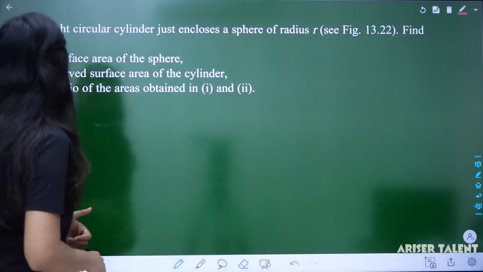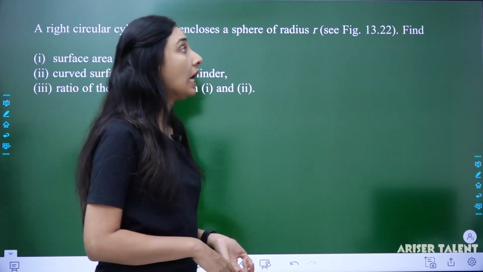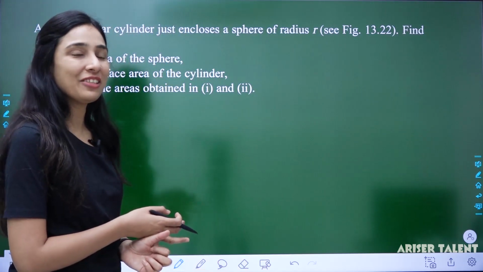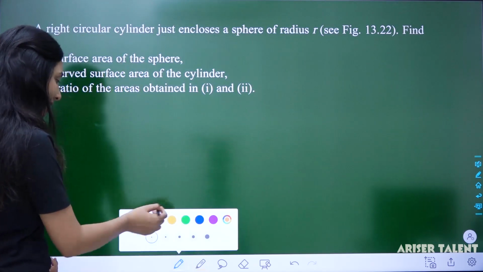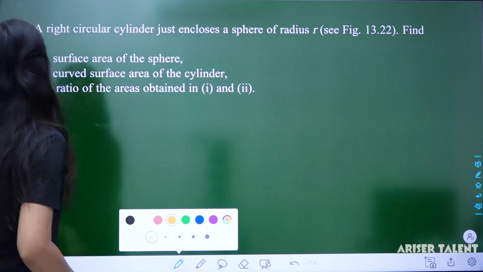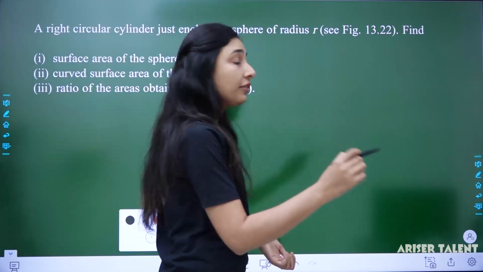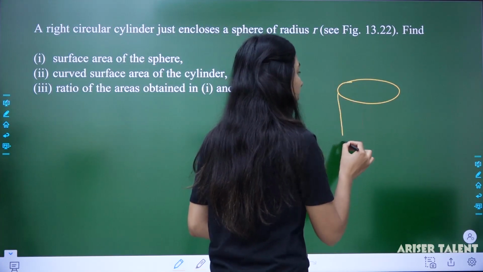The next one, a right circular cylinder just encloses a sphere of radius r. See figure 13.22, and you are not given the figure. Okay, so we are going to draw it here because it's clearly stating that we have a right circular cylinder.